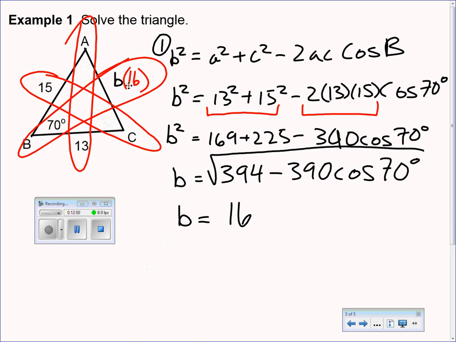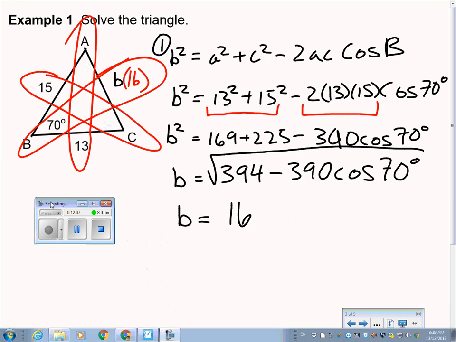So now that I have 16 and 70, I have my sine sausage that I can use in order to do sine law.